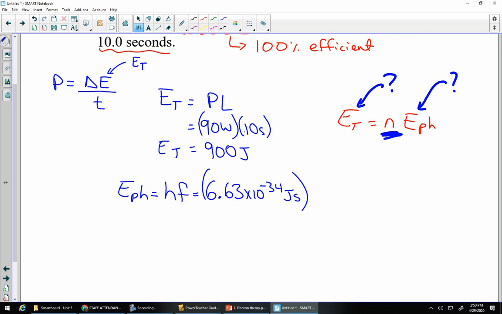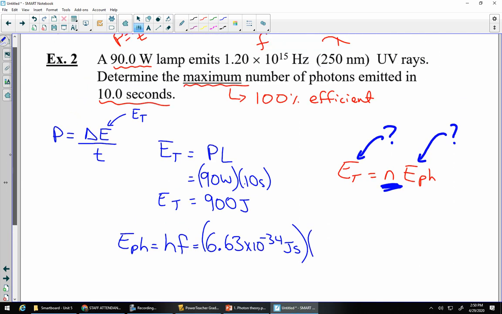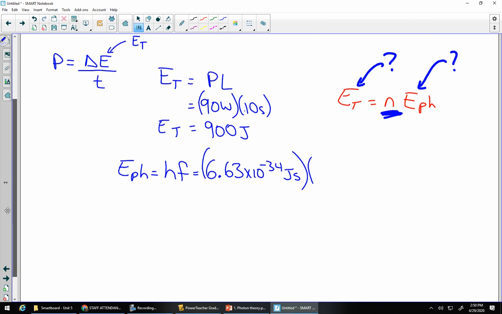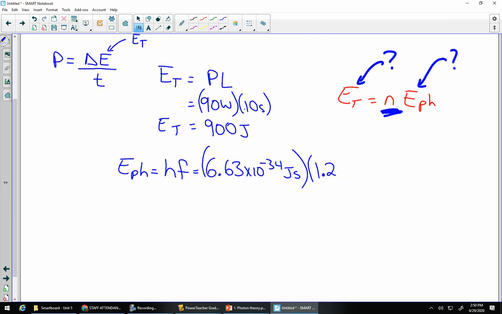So Planck's constant with joules in it times the frequency. I forget what the frequency is. I got to go back up here. 1.2 times 10 to the power of 15 hertz. Cool. And you'll notice that, remember, hertz is an inverse of a second. So hertz actually cancels out with seconds. Perfect. All we've got left is joules.